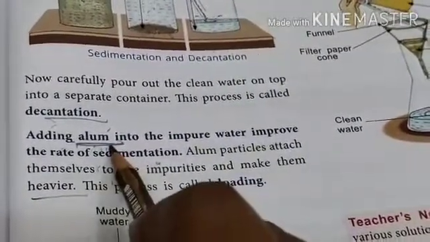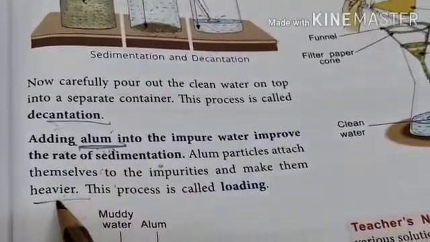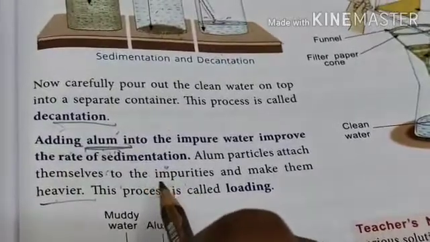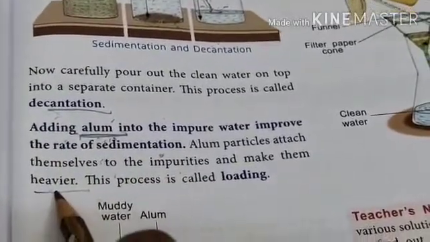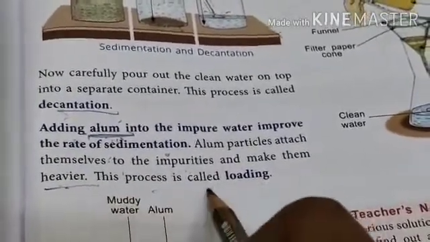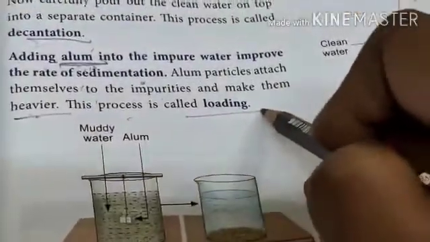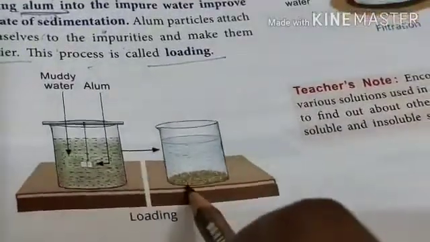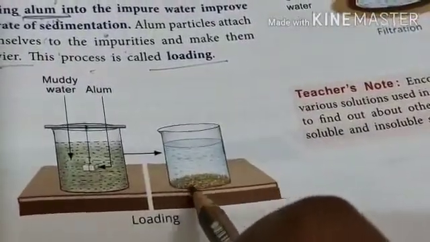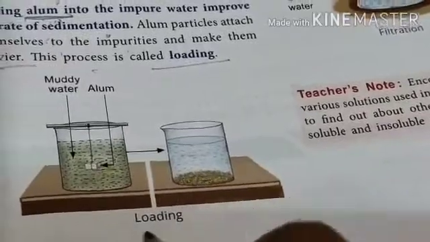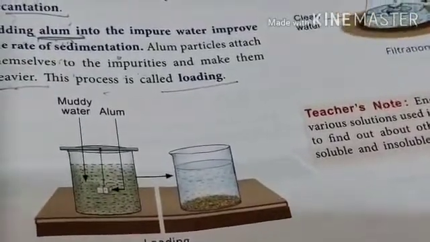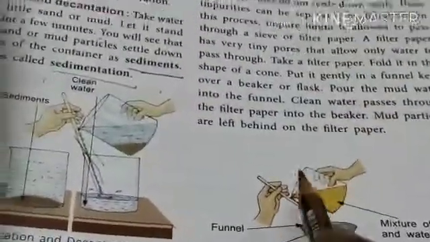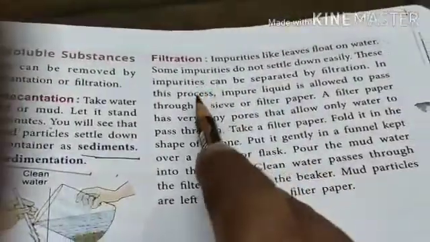The alum has the property to settle the materials, the impurities which are heavier, and this process is called loading. So when we add alum in muddy water, the impurities will settle at the bottom, and this is called loading.